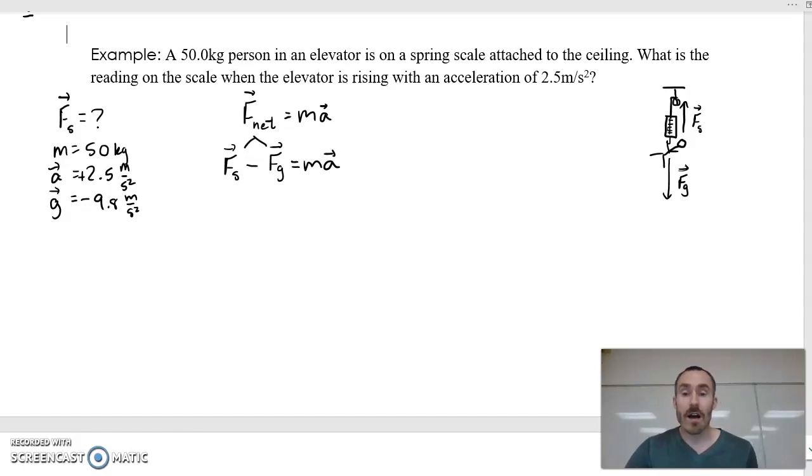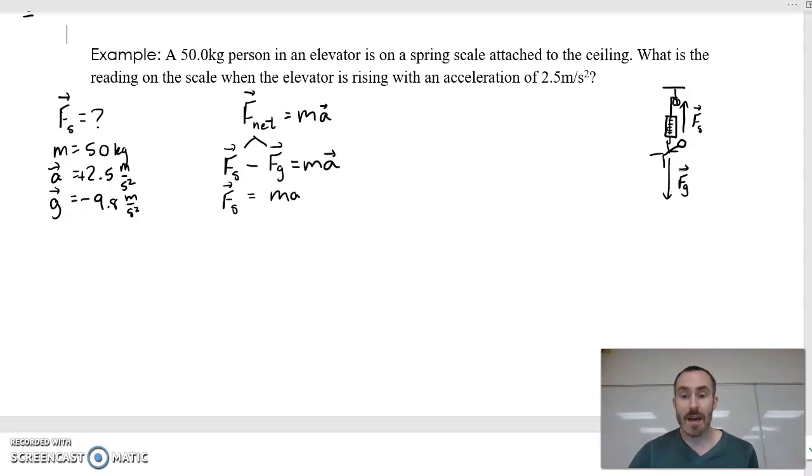Okay, now, I do not know the force of gravity, but I can calculate it using mass times 9.8. I know this mass, which is 50 kilograms, and I know the total acceleration. And so the missing piece is going to be this spring force. So I'm going to add the force of gravity to the other side so that I can isolate the spring force.